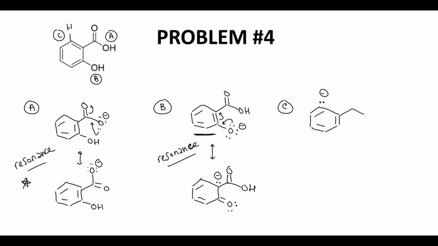We could draw this carbanion, and that is completely localized, and it's a carbanion. So this one's terrible. Okay, so the winner here is the OHA, and that H is the most acidic hydrogen in this molecule because it forms the most stable conjugate base.